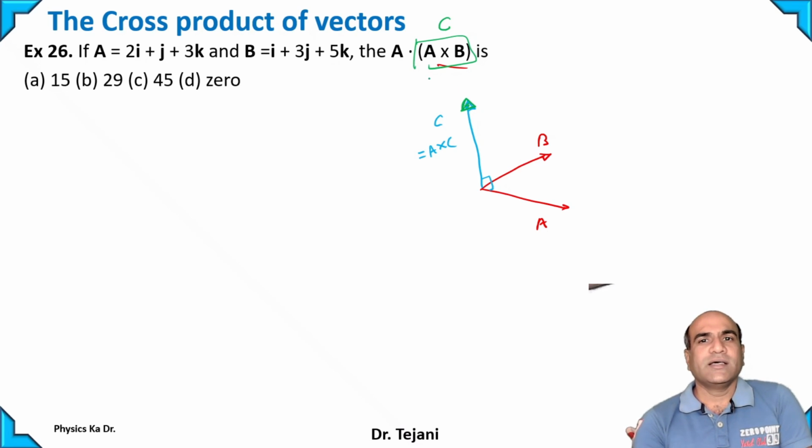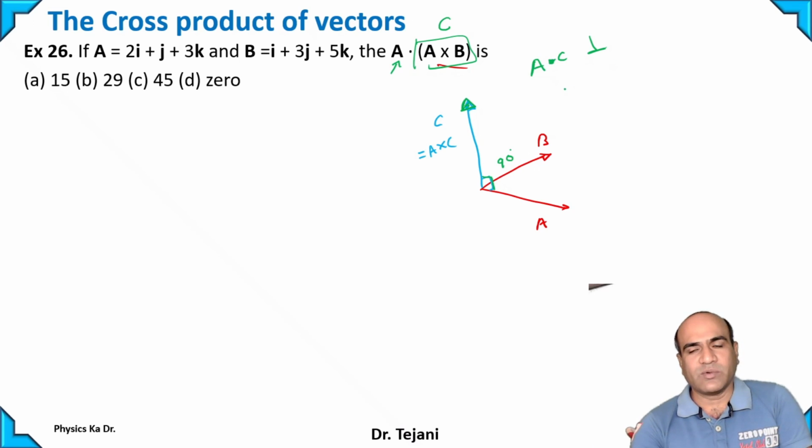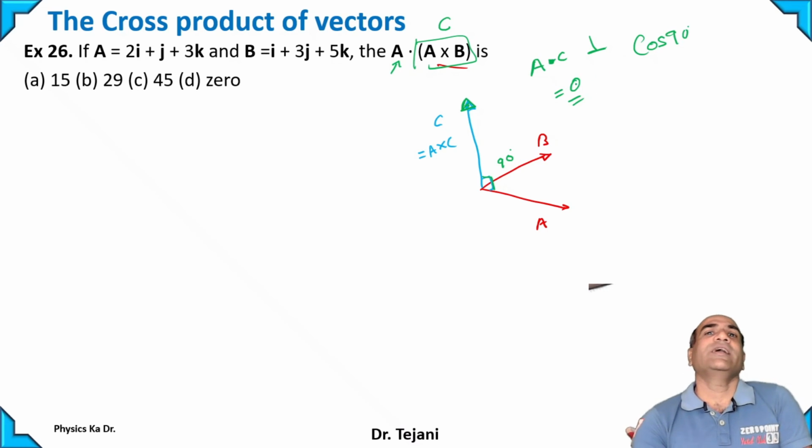So A dot C, both are having 90 degree. And we know the orthogonal property, so it is having cos 90 degree and therefore A dot C becomes 0. A dot C becomes 0.